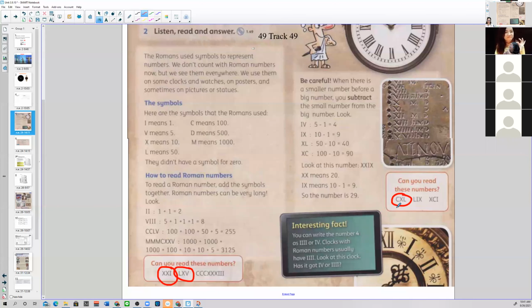Yes. What number is it? C equals 100, right? 100. This one, L is 50. X is 10. So 50 minus 10 is 40. So it's 140. Okay.